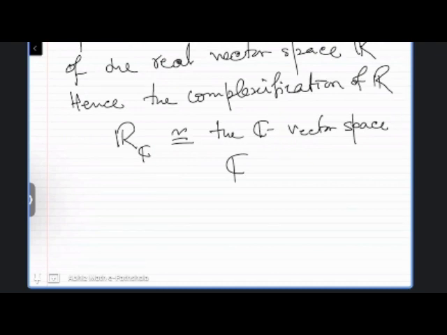And this idea has been generalized to any real vector space V, and you can complexify this vector space V just by making an agreement about what the scalar multiplication would be.